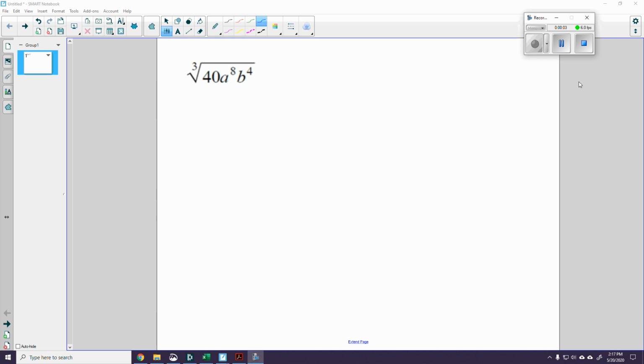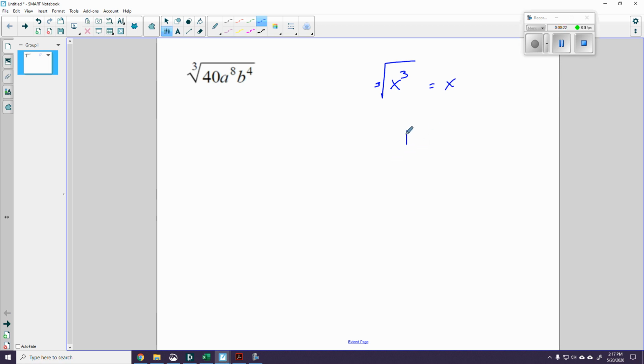So let's look at the process of simplifying a radical. Before we begin, just to remind you, if I have something like x cubed and I take the cube root of that, I'm going to wind up with x.